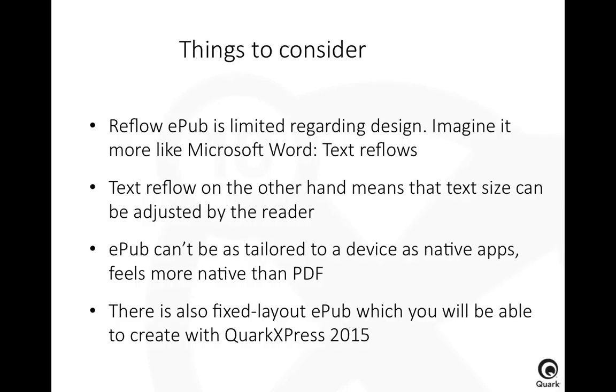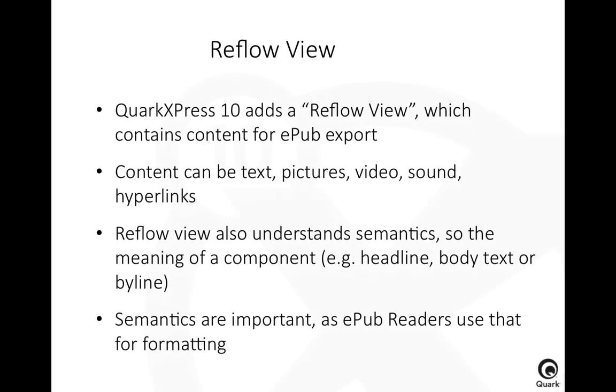So today in QuarkXPress 10, it's all about reflow. QuarkXPress 10 adds this reflow view, which I'm going to show you. And that's really the content for your ePub publishing, meaning that's where text is in, or pictures, or video, or sound, or hyperlinks. So that's really the things that we can add in there. Remember, when you add video or audio, there might be devices that can't play that.